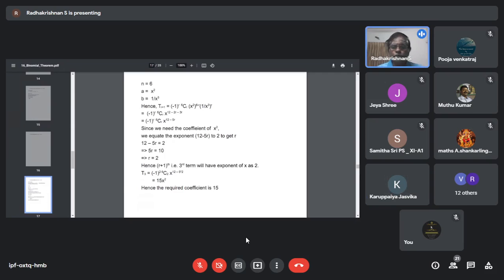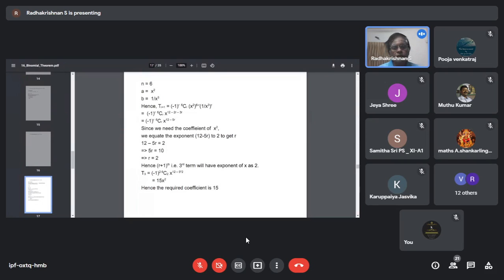The 6C2, I think you missed the earlier classes on combinations. 6C2 is 6 factorial by 6 minus 2 factorial and 2 factorial. The way to write it is you start from 6 and take two terms, 6 into 5. Because we are talking about 6C2, we have to write 6 into 5 in the numerator, and 2 factorial as the denominator. So basically it is 6 into 5 divided by 2.